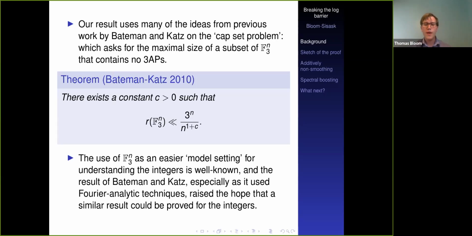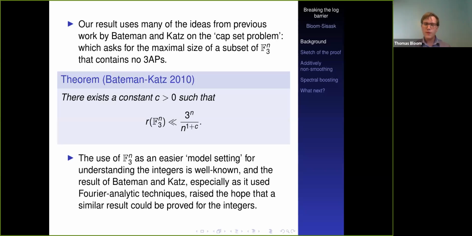So the use of F3 to the n as a model setting for the integers is well known. The idea has been around for a long time that, especially for problems in additive combinatorics, we expect the integers to behave in many senses like an arbitrary finite abelian group. So in particular, if we pick a finite abelian group that's somehow easier to work with, for example, a vector space over a finite field, then we can try to understand the problem there and hope that any advance or methods there will generalize to the integers.